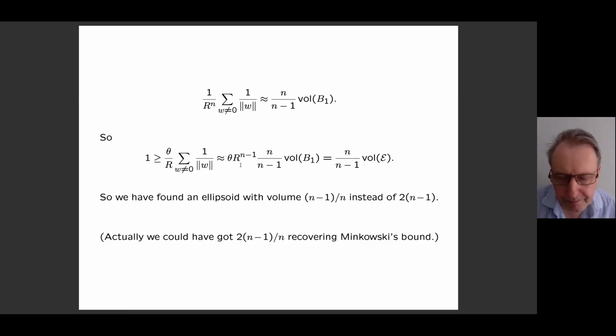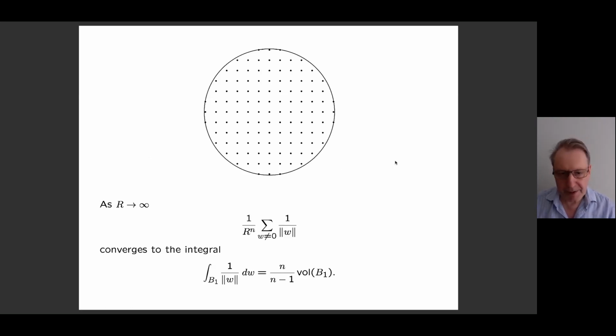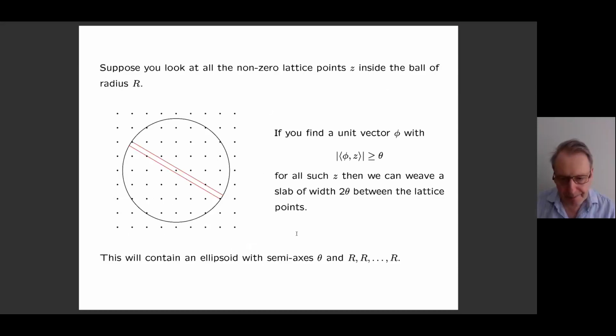And now you see, without really having to worry about what theta actually is, if you look at this theta r to the n minus 1 volume of the ball, that is the volume of the ellipsoid that fits inside the slab. You remember I explained that the ellipsoid has these semi-axes, theta, n minus 1 axes of length r, and so its volume is the product of all those and the volume of the ball of radius 1.